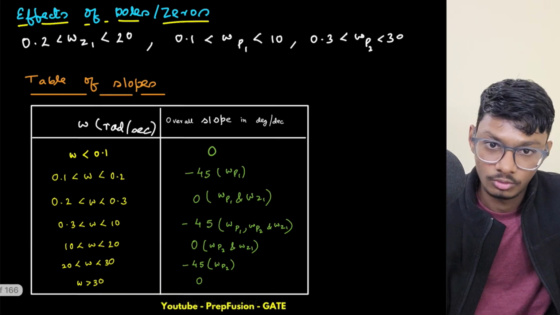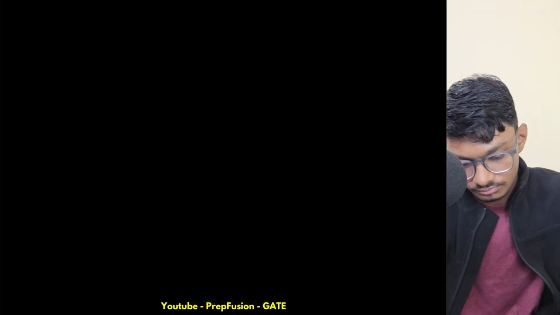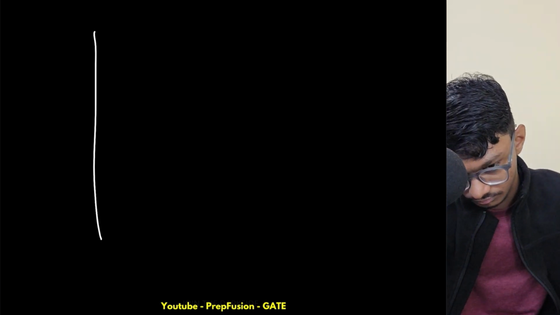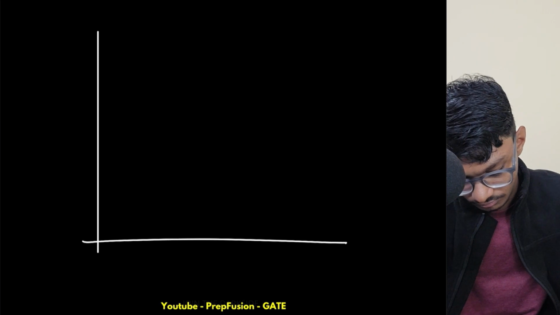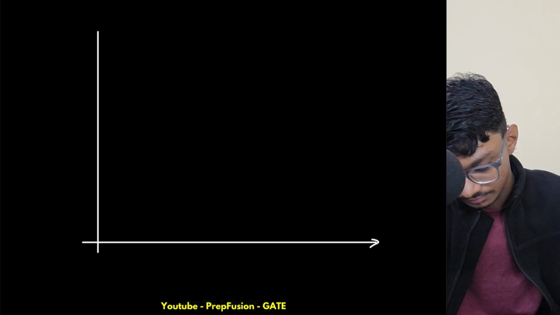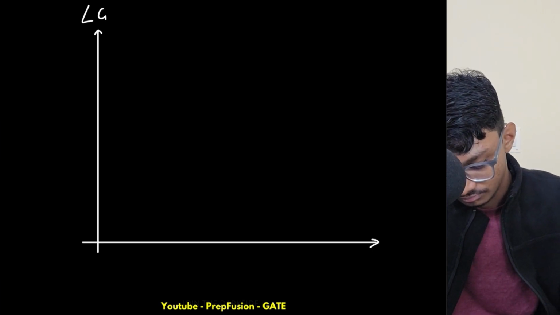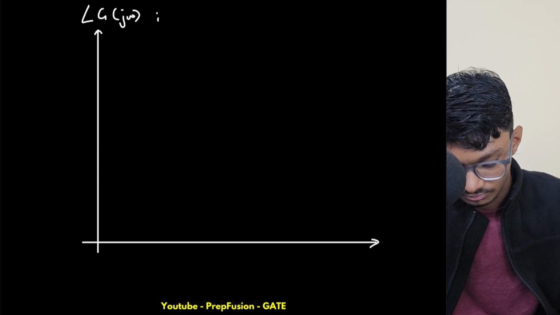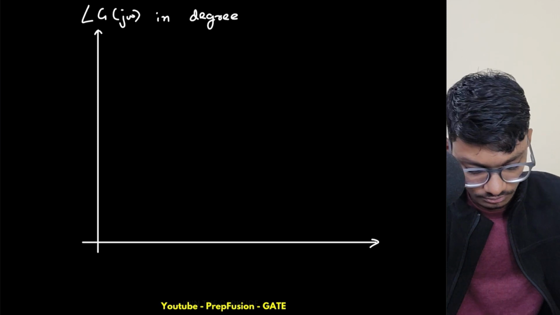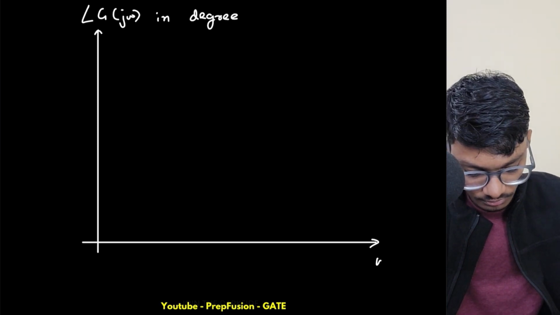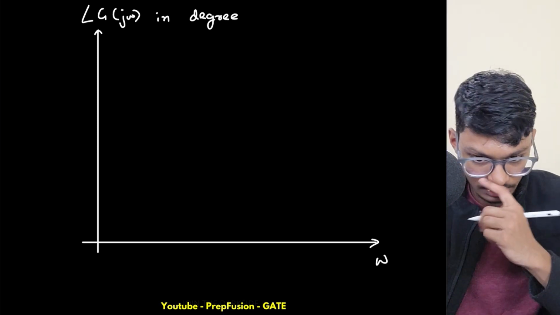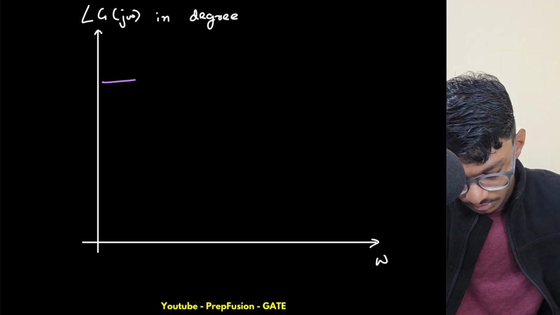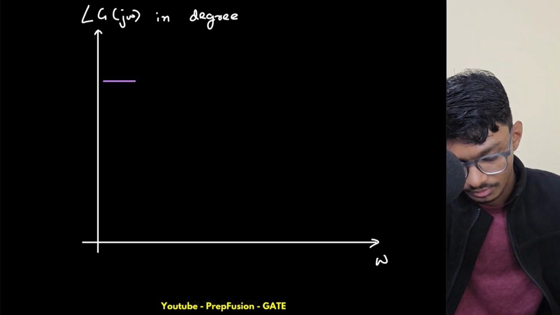So let's now plot the Bode phase plot. Initially my angle is 0 degrees, so it starts from 0. Let me mark the important points. What are the important points?